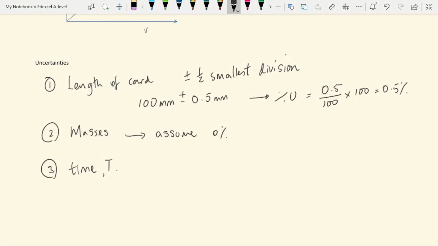The other thing about timings like this, because you know that there's going to be quite a lot of estimation in it, you should always do repeats for reliability and to assess your precision.